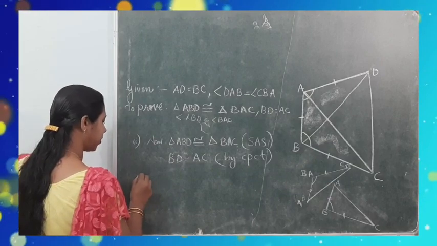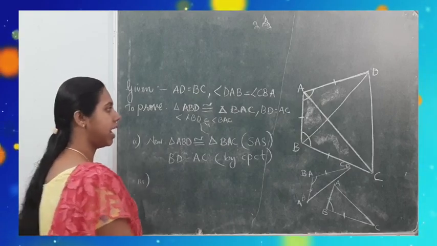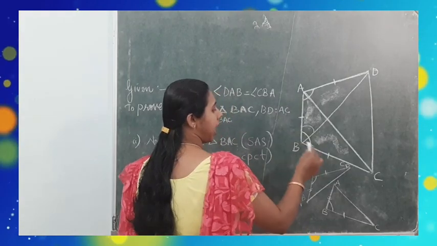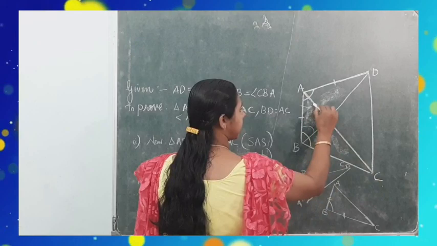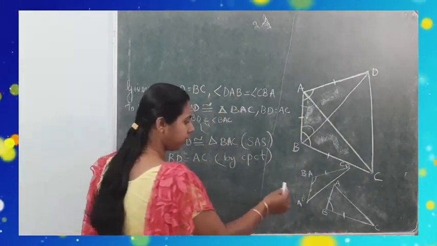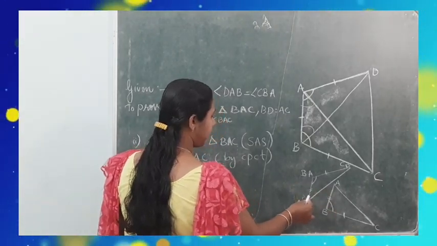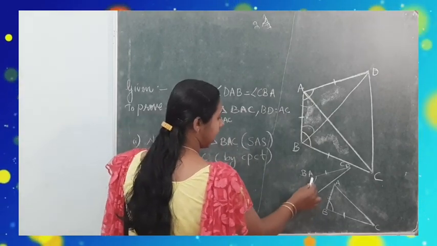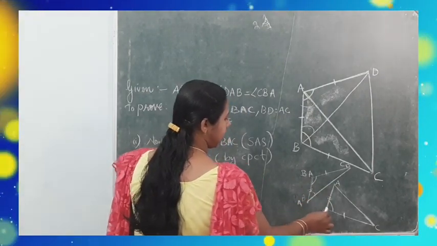And third question, you want to show that angle ABD equal to angle BAC. This is the angle ABD, and this is angle BAC. See, here, if you draw it separately, this is angle ABD and BAC.